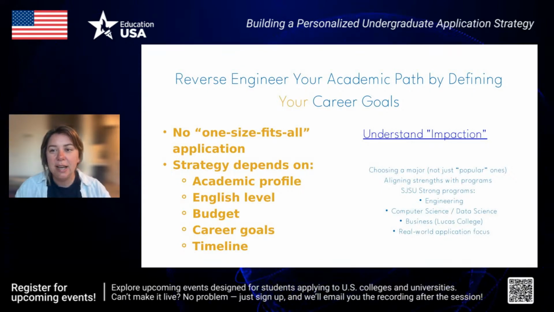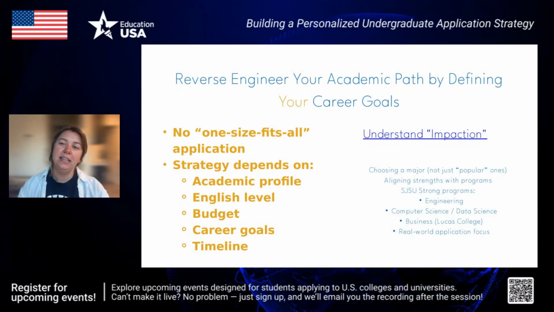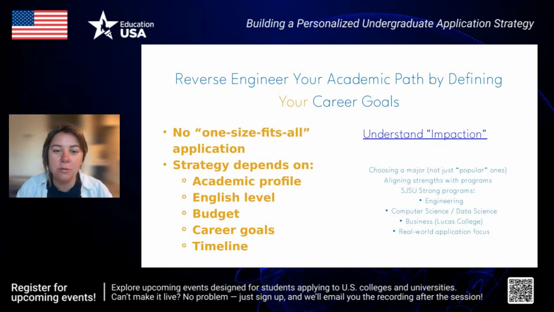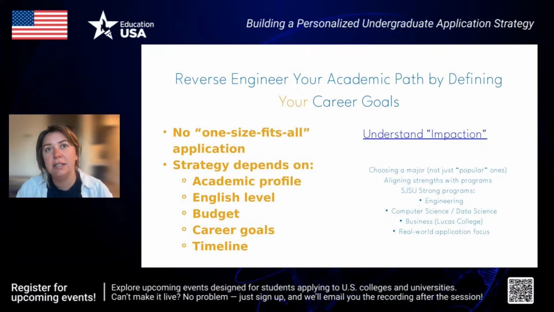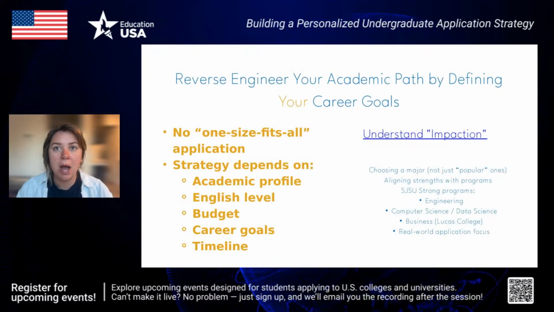Usually at this part, I like to ask people, do you know what impaction means? But since we don't have a lot of engagement in this format, I will just tell you the answer. Impaction means that it's a popular program. So it means you have to have a stronger application than just meeting the minimum requirements.